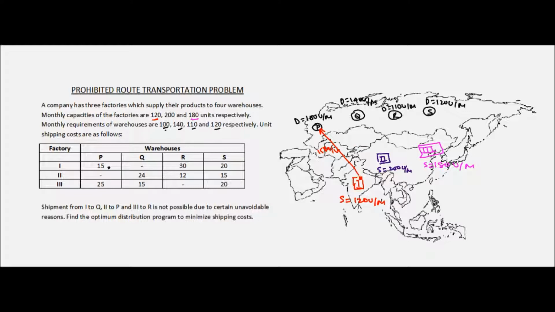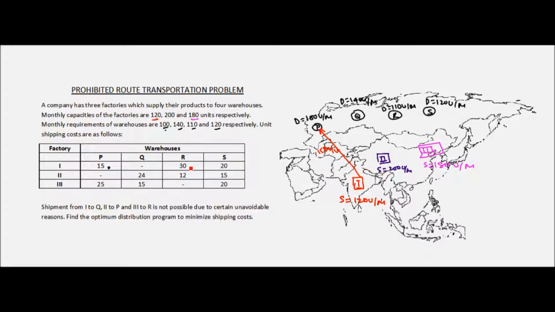The transportation of material from factory 1 to Q is not possible due to some unavoidable circumstances. Let's say there are some political conditions developed in the countries through which this route passes, or some weather conditions. So for now let's skip this route.